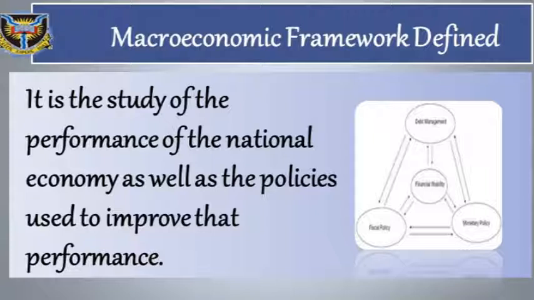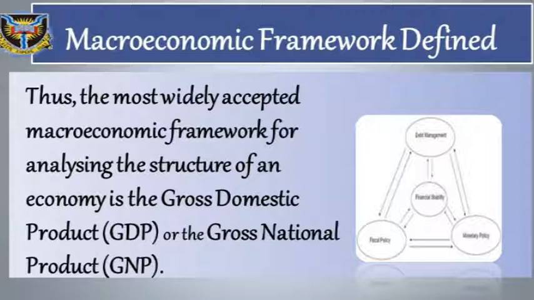Basically, an analysis of an economy is more or less the analysis of the changes that exist in the output. Thus, the most widely accepted macroeconomic framework for analyzing the structure of an economy is Gross Domestic Product, GDP, or Gross National Product, GNP.